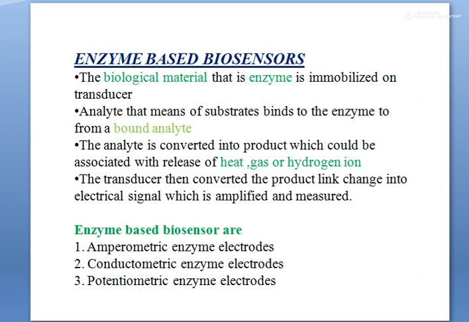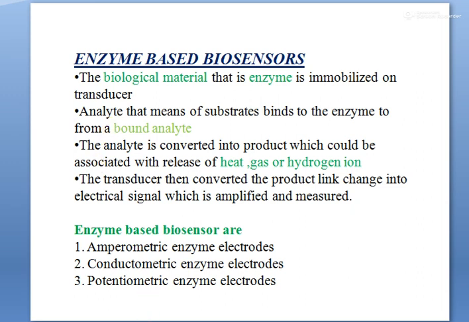Let's see what mechanism it follows and examples of this kind of biosensor, that means the enzyme-based biosensor. First, the biological material, that is the enzyme, is immobilized on the transducer.